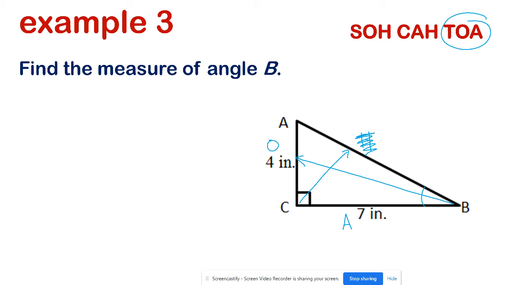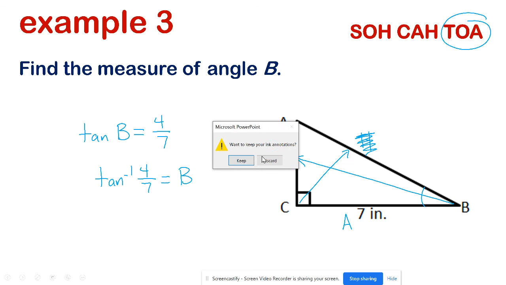So I will say tangent of my missing angle, which is angle B, is equal to opposite over adjacent. So 4 over 7. So now I'm going to do the inverse tangent of 4 over 7. And that should tell me what my angle is. So one more time to the calculator.